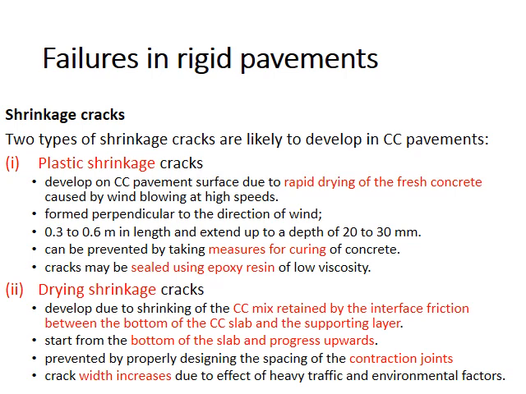Then drying shrinkage cracks are formed due to shrinking of the cement concrete mix, where shrinking means reduction in volume, between the supporting layer and the bottom of the slab.